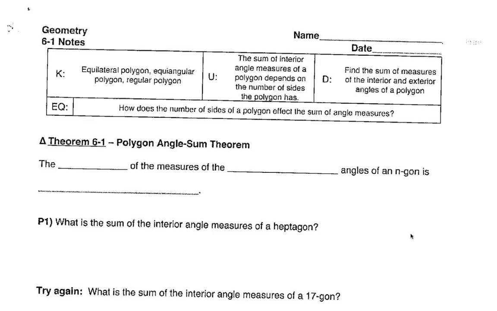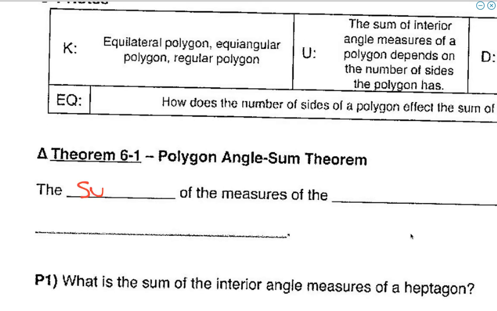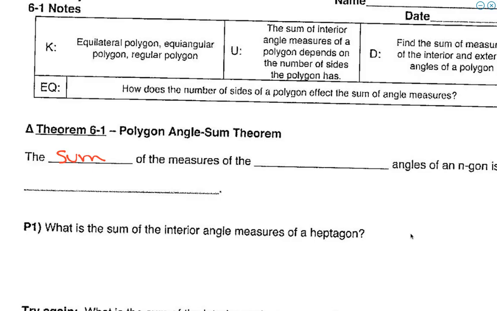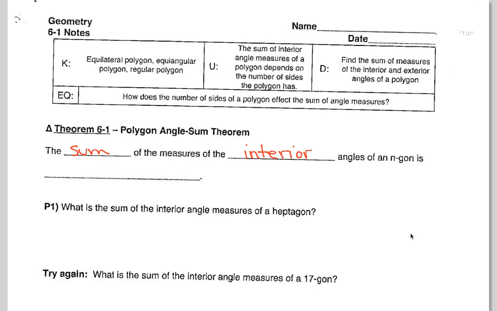So theorem 6.1, right out of the gate, the polygon angle sum theorem. The sum of the measures of the interior angles of an n-gon. And n-gon just means however many sides the polygon has.